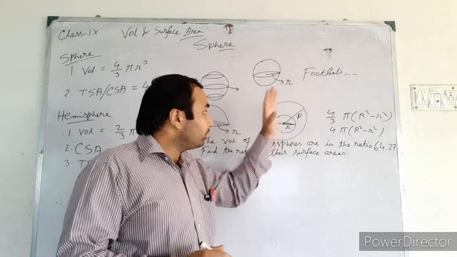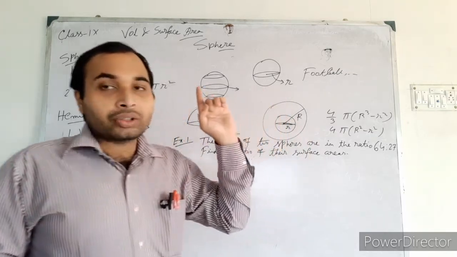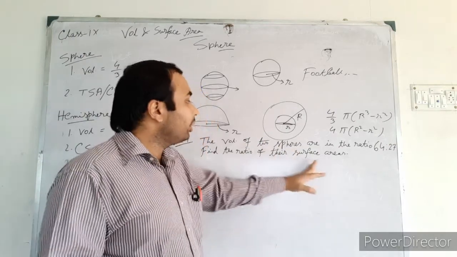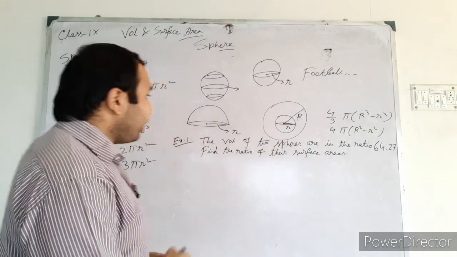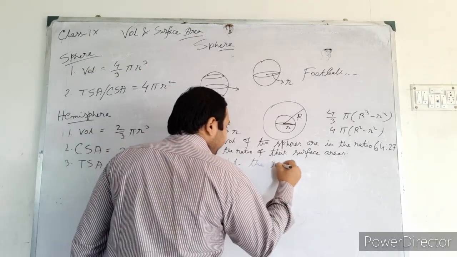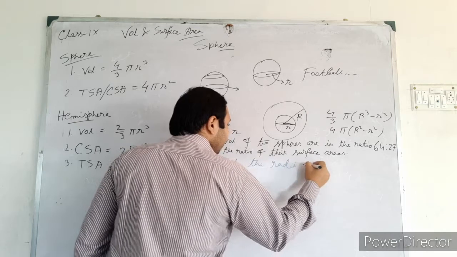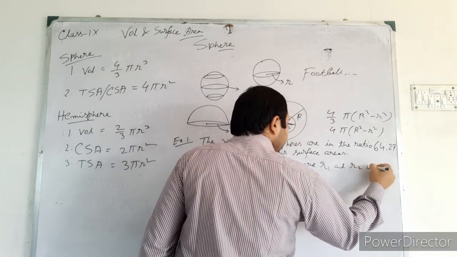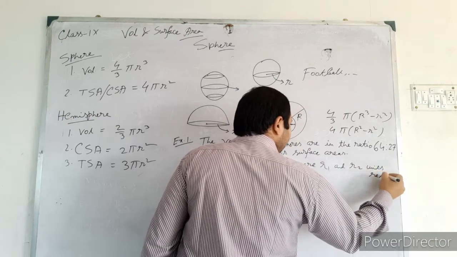I have told you that for the sphere there is only one surface area, the curved surface area, so that's why they have only said the surface area. Here, let the radii be R1 and R2 units respectively.